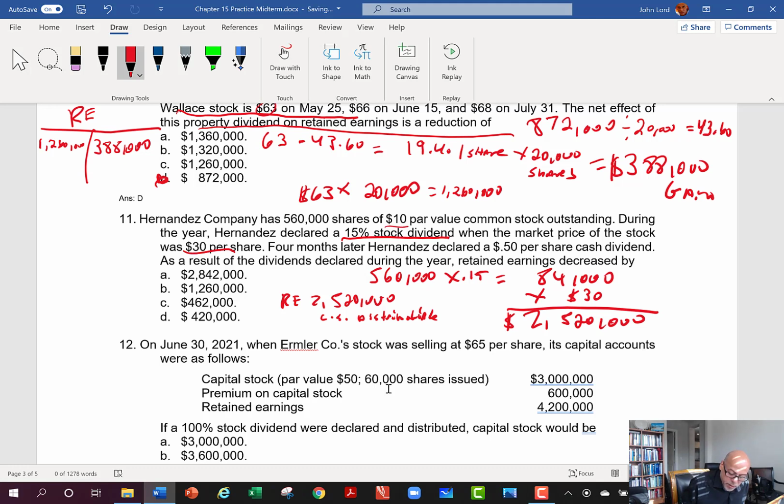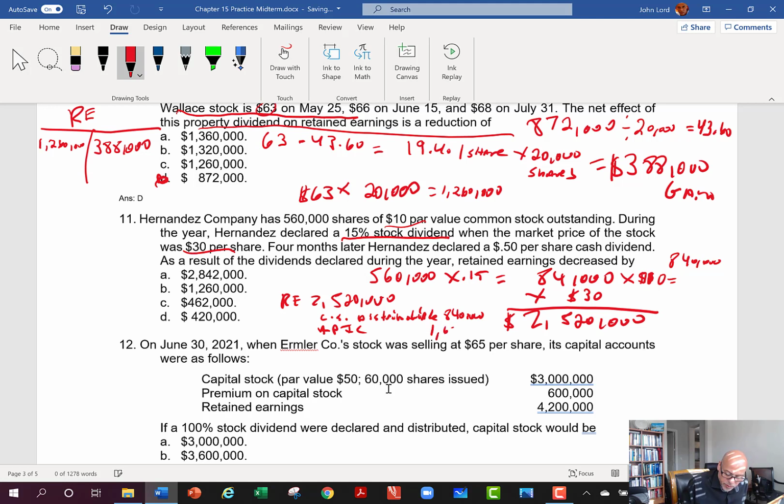Since it's $10 par, that gives me this 840,000 going to the common stock distributable. And the rest, to make that journal entry balance, is 1,680,000, I guess.